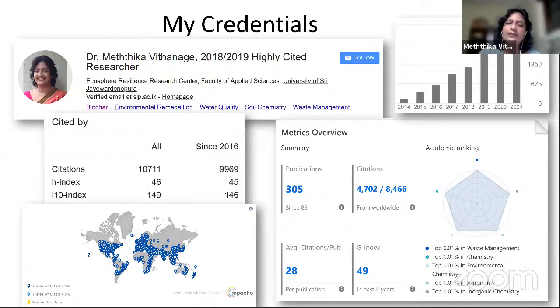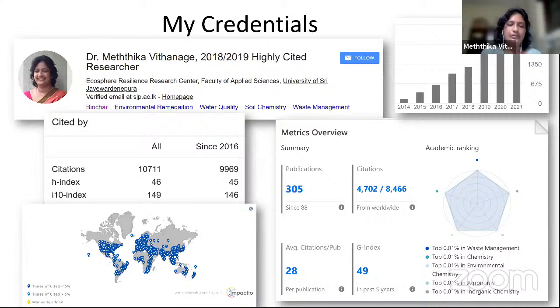That is one index to measure the quality of a researcher. If you have high citations, that means your papers are being cited by other people. So if you have a lot of citations, you are considered a researcher in the international arena, right?